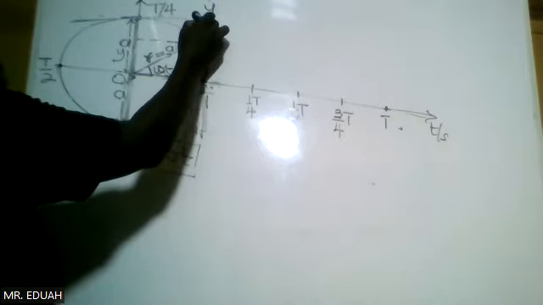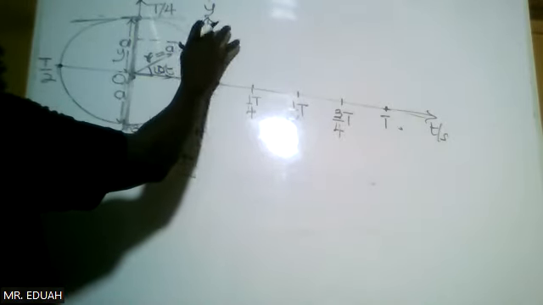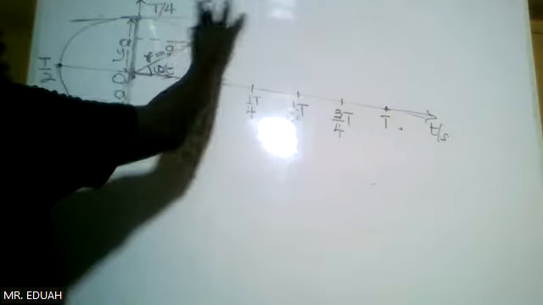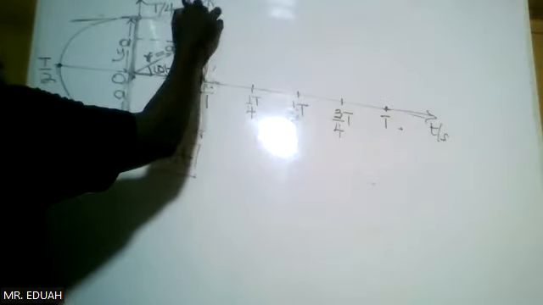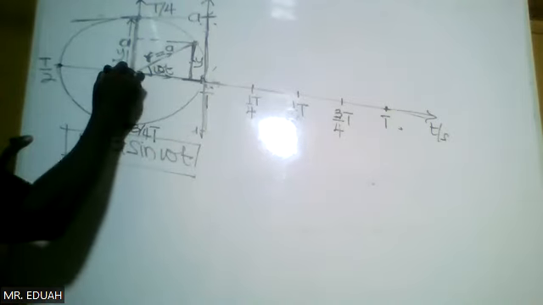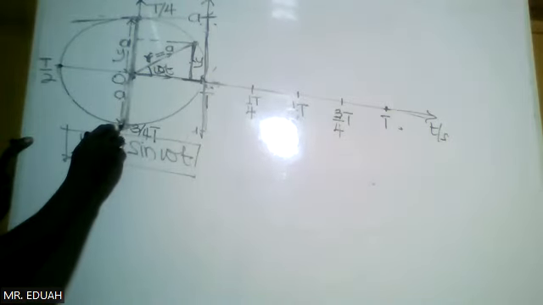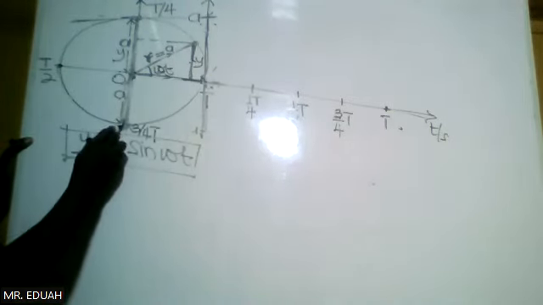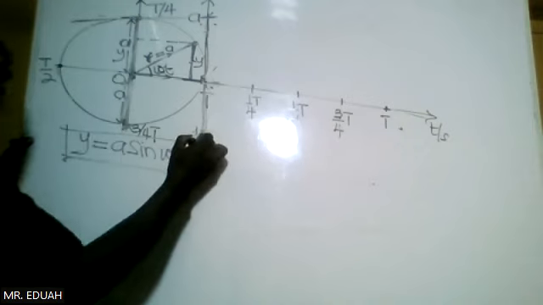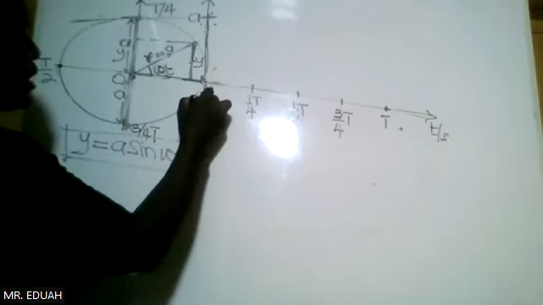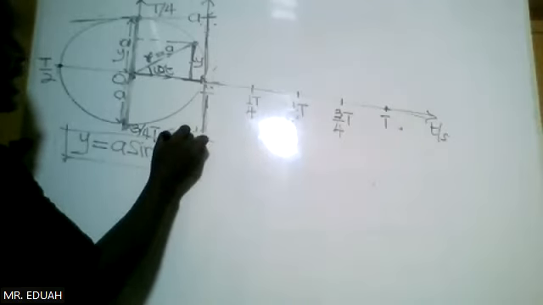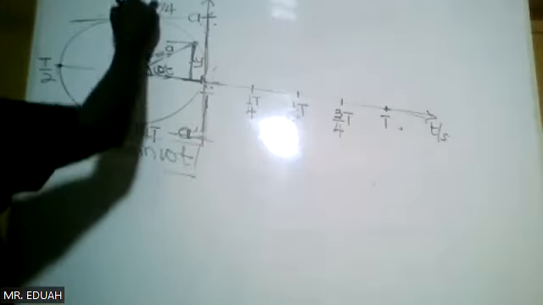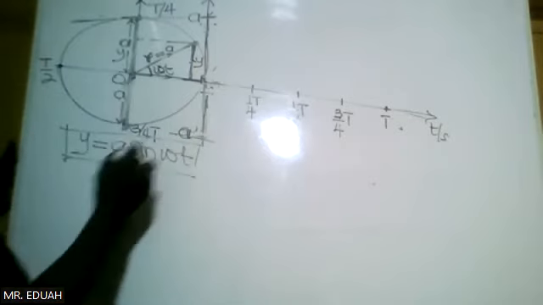So we must have a column for the maximum displacement A. And when it moves from here to here, there's another maximum displacement, but it is to the negative. So we have this side also as minus A. Maximum displacement here, maximum displacement here.